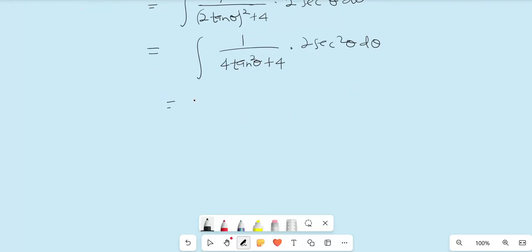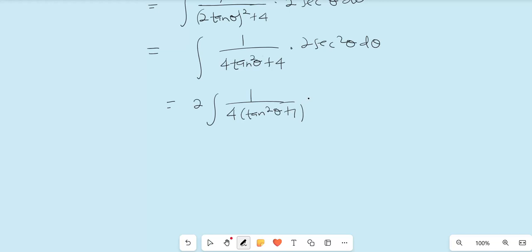So next, 2 is a constant, comes in front. 4 is common here and here. So we factorize that out, and that will be tan squared theta plus 1, times secant squared theta d theta.